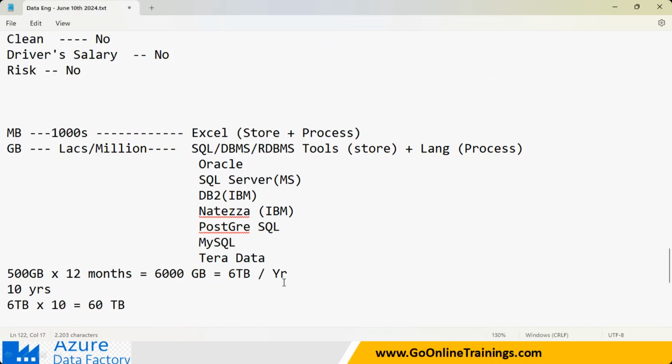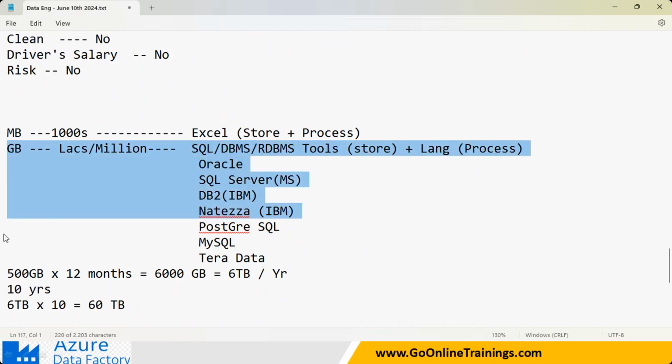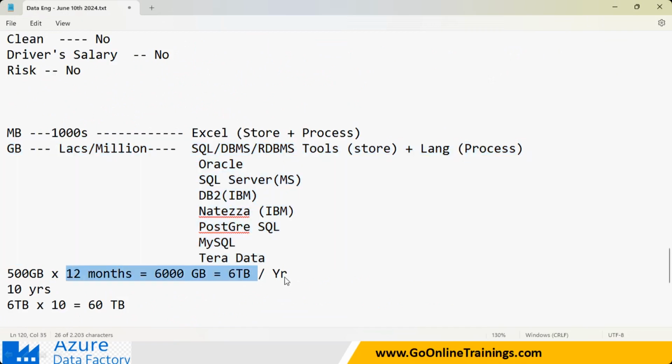So every month Amazon gives you, let us say, 500 GB of data, but I want to keep 12 months of data. So it will become 6 terabytes, and for 10 years of data it will become 60 terabytes.